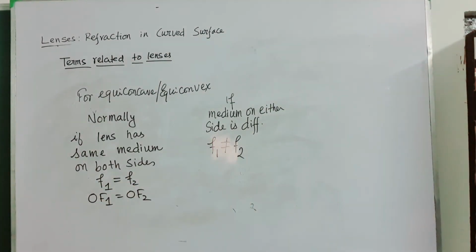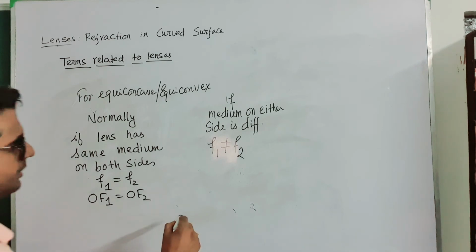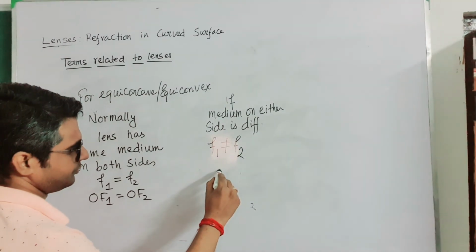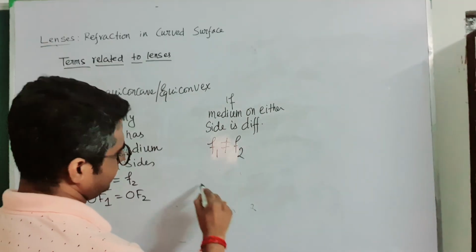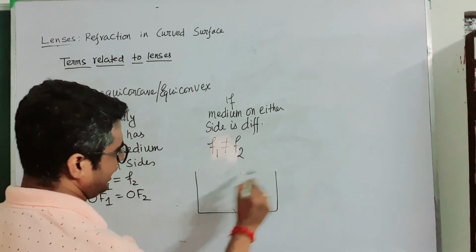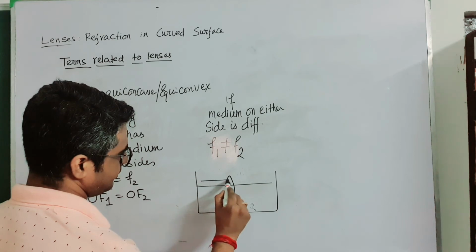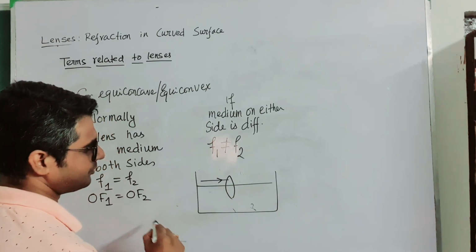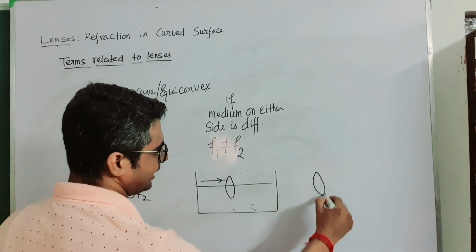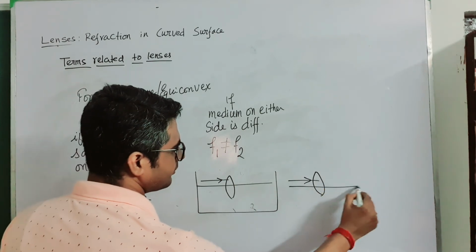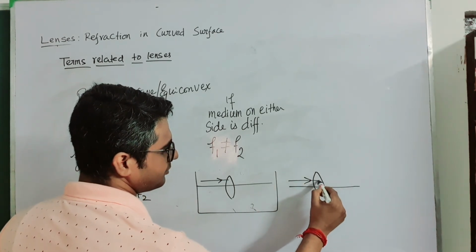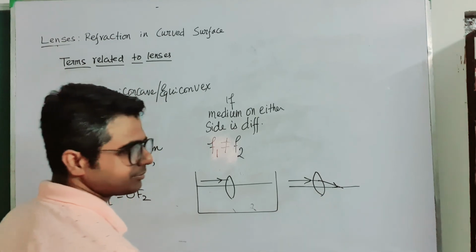Suppose I have put my lens in water. Here is my incident ray, and normally, with air on both sides, it is going to go like this.